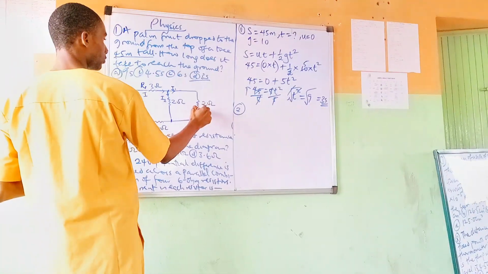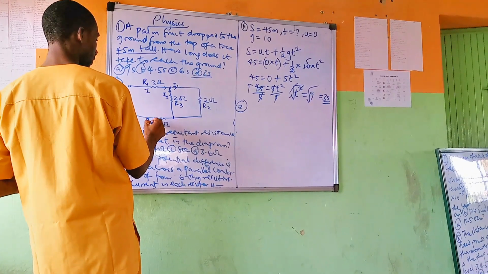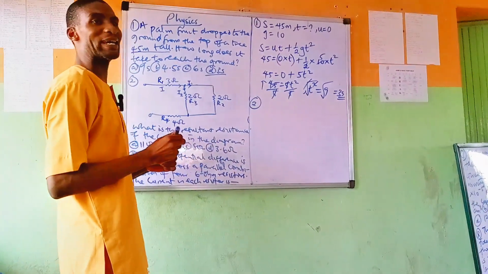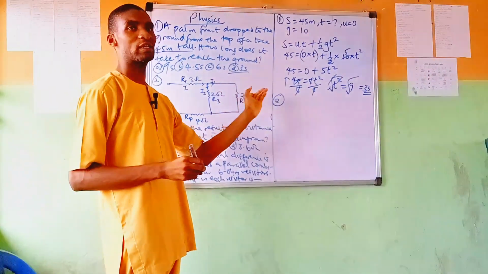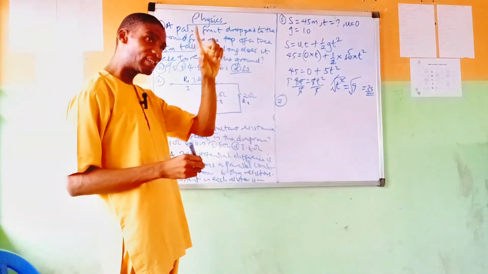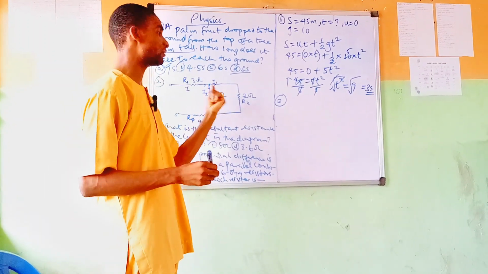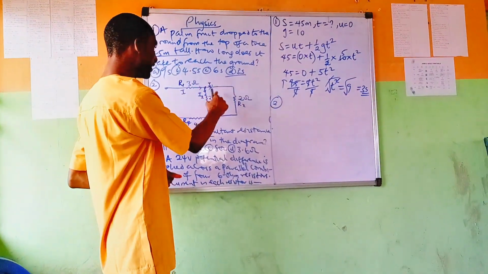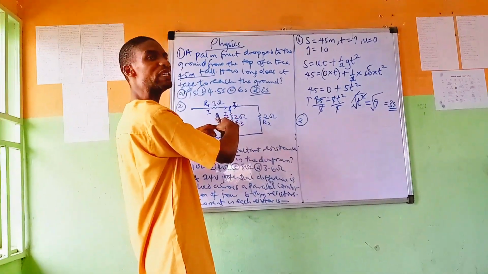This is our R2, this is R3, this is R4. So my R2 and R3 are in parallel to each other. So I have to first align this in parallel and make it a single resistance. Once I get the value, the R1, the one I get here and this, they will now be in series to each other.